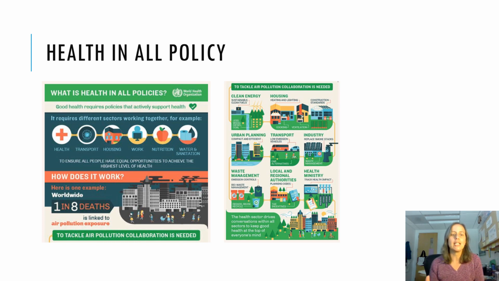So they're using this example here of air pollution and how you need to work with the transportation sector, the housing sector, employers. You need to work with all these different agencies, groups, and organizations in order to put in place policies, so rules, regulations, and sometimes laws that then help foster public or population level health.